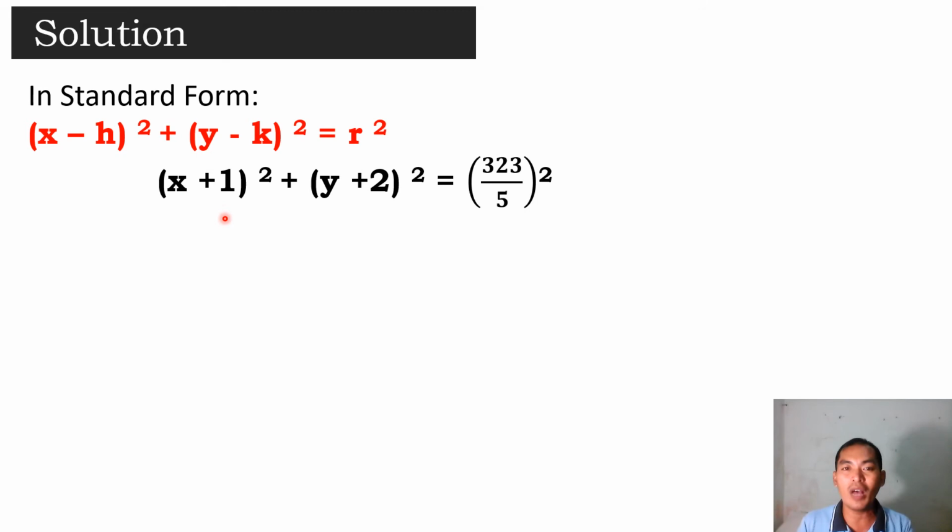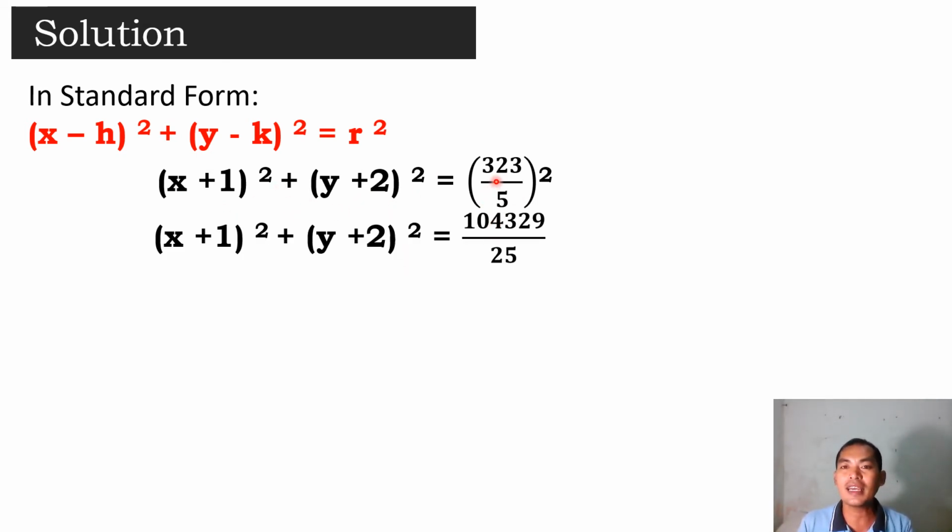So x plus 1 squared plus y plus 2 squared equals 323 over 5 squared. So I prefer to use the fraction para exact, hindi siya nira-round off. And then, so we simplify the right side, the radius. Square of 323 is 104,329 and square of 5 is 25.